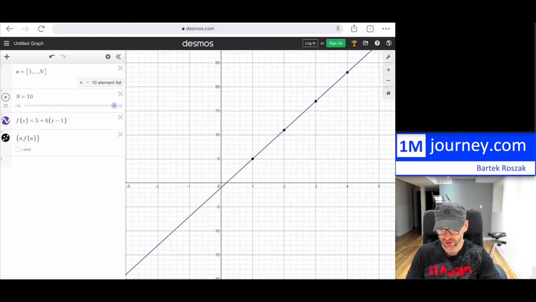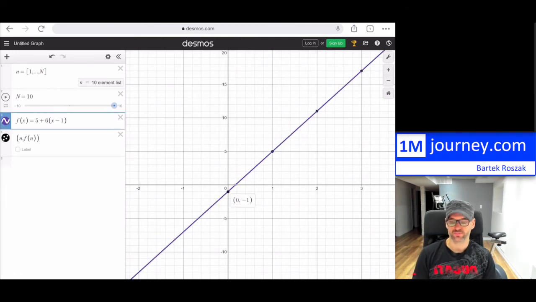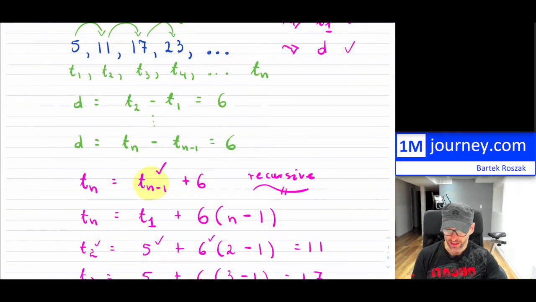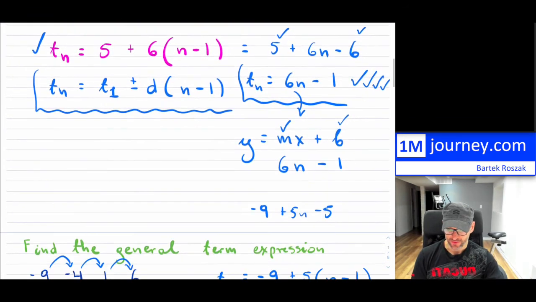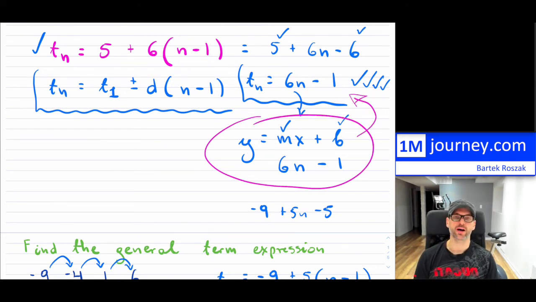And I'm just going to show you, okay, because I want to show you the y-intercept. Notice it's -1, right? And that is coming from, so if we go back in here, okay, when we simplified it right there, we got 6n minus 1.